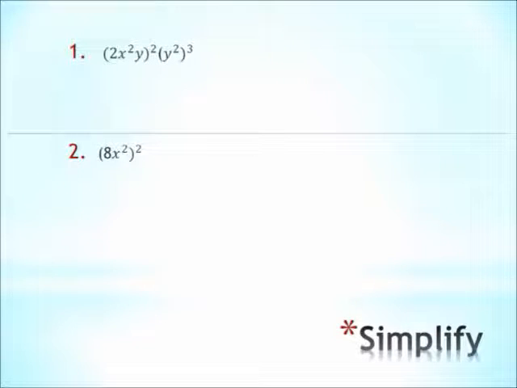Now let's look at simplifying. Whenever you have a power to a power, or you have a parentheses with a power on the outside, you have to distribute that to every term on the inside. So 2 squared x to the 4th y squared, and that takes care of our first parentheses.